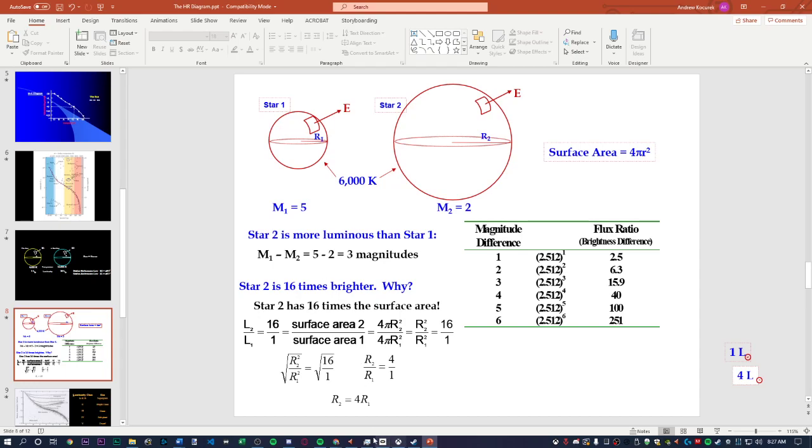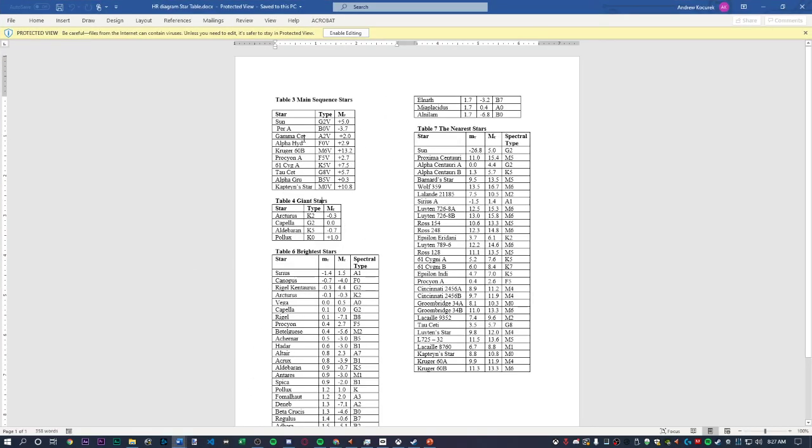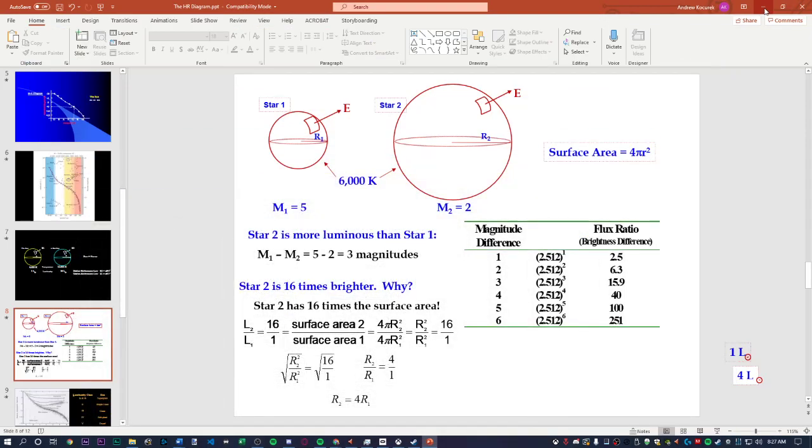So you're going to have to go over to your tables, and look, the sun is a 5 and Capella is a 0. So how many times brighter is that? Well, 5 minus 0 is what? It's 5. And you're going to have to go to that brightness scale that I showed you earlier and figure that out. That's that 2.512 raised to the difference in magnitudes. Okay.